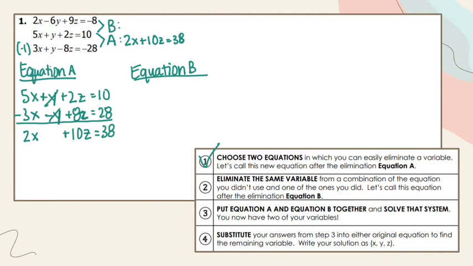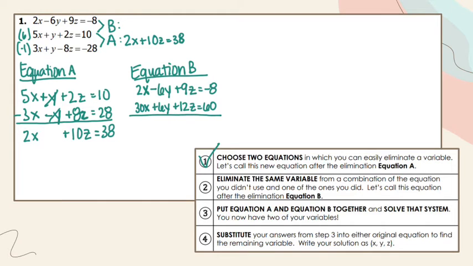And that is going to include the first equation on the list, 2x minus 6y plus 9z equals -8. And then we are multiplying the middle equation by 6 to get those y's to cancel for us. So we will get 30x plus 6y plus 12z equals 60.